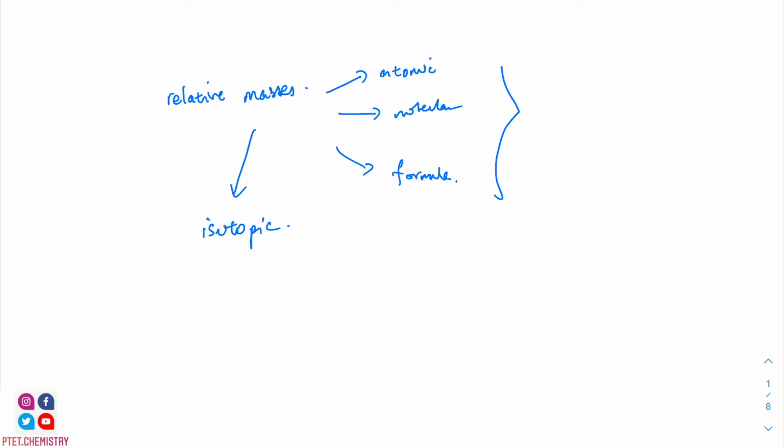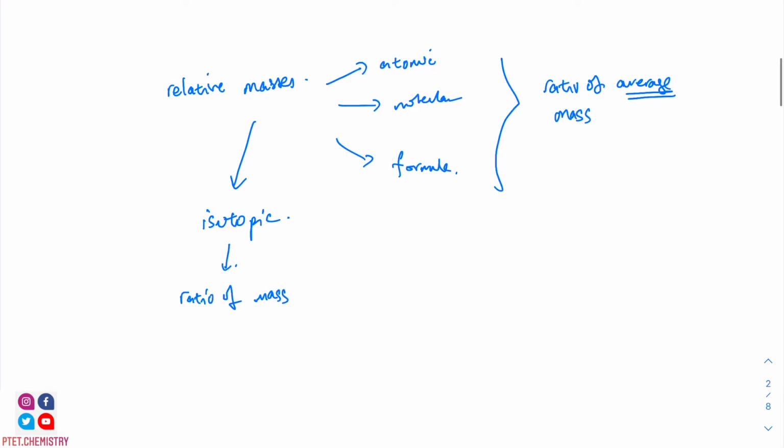Relative isotopic mass is just the ratio of mass, whereas all of these are the ratio of average mass. That's important to differentiate. These are all average masses, whereas this is an exact mass. It's the ratio of mass, and they all have a similar kind of idea, and you have to get all the technical terms correct.